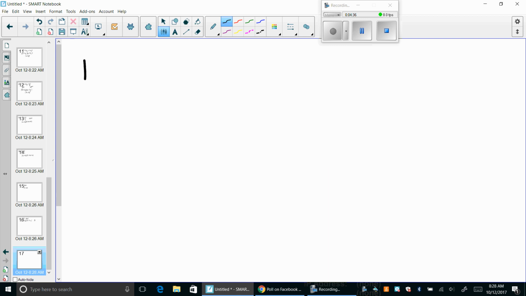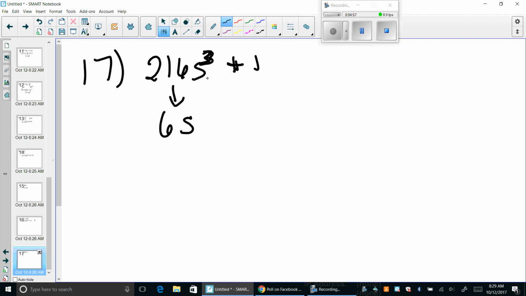All right, number 17, 216s cubed plus 1. This is an indication that we're talking about a cube, so it's the sum of cubes. 216s cubed is 6s cubed, and the cube root of 1 is 1.